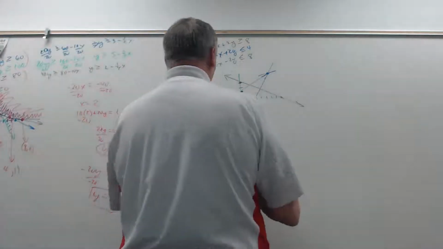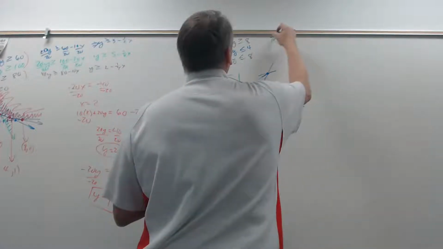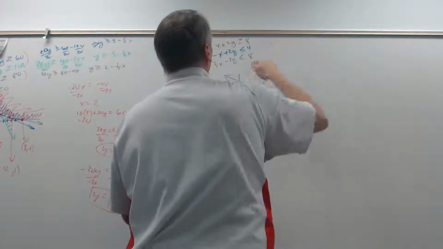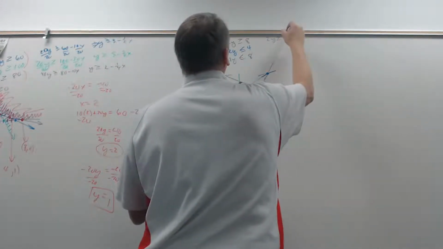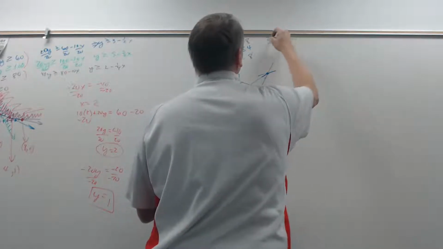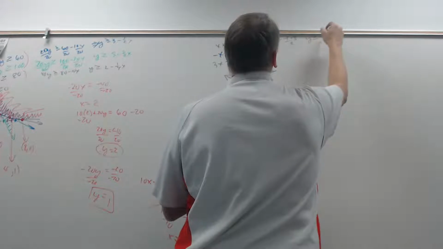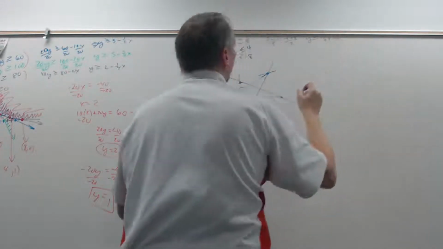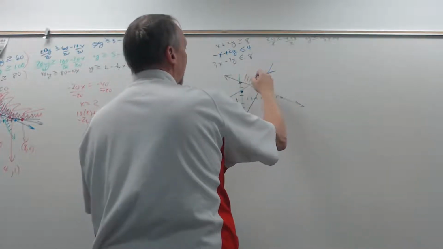So if I rewrite the top one as 2y greater than or equal to negative x plus 8, divided by 2, y is greater than or equal to negative 1/2 x plus 4. So we want the y to be greater than, so we're going to shade this side, right?